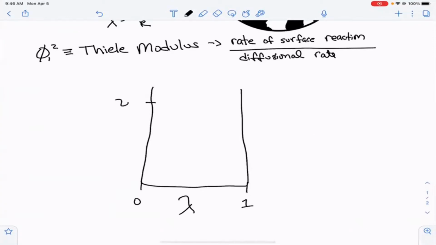C was also bound by 0 and 1, because the concentration is equal to the concentration of A at the surface, and that is where the concentration at a given location would be equal to 0.